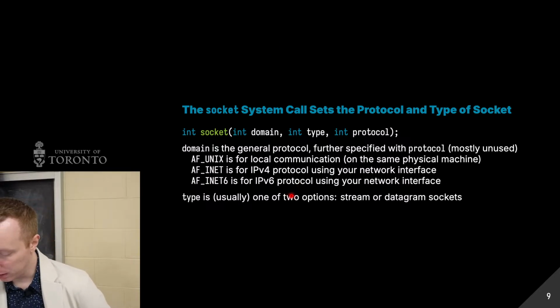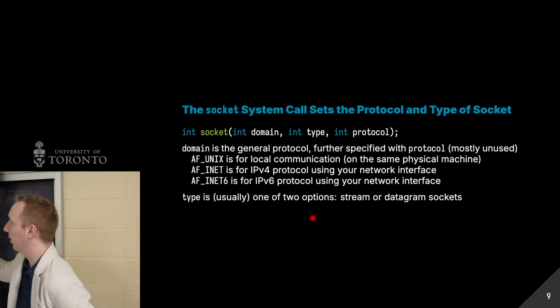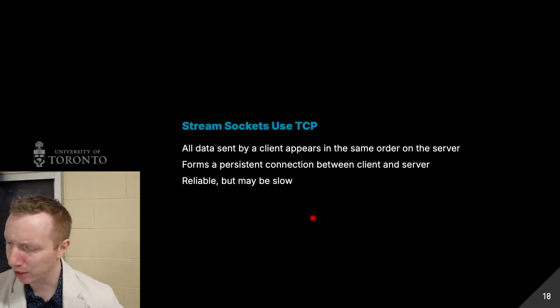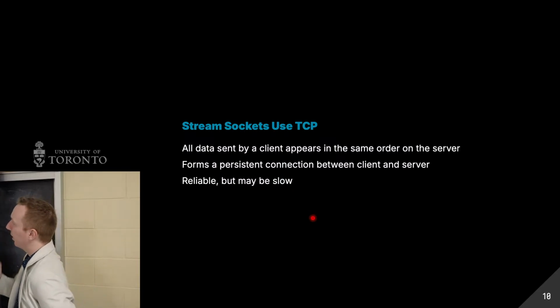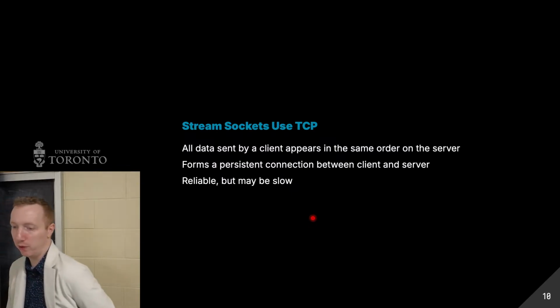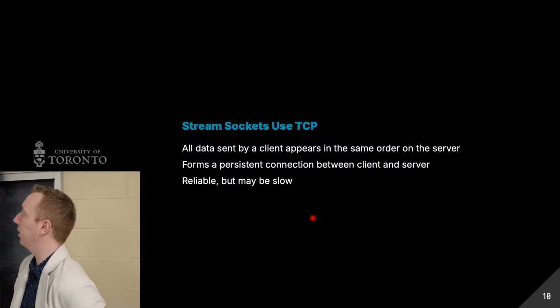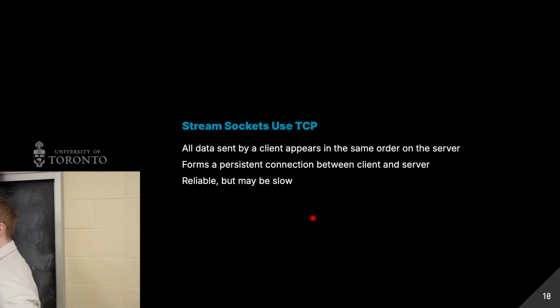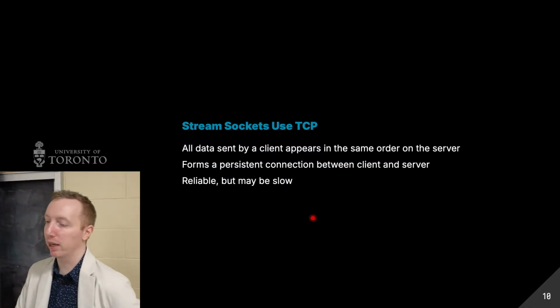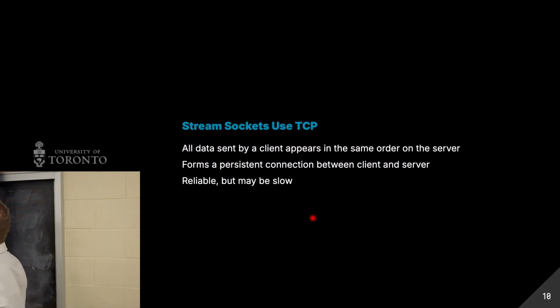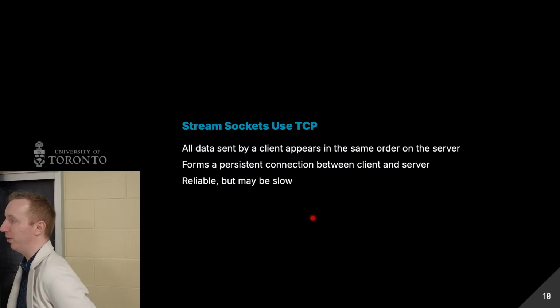And that type is usually one of two options, stream or datagram sockets, which you might know from more common names. So stream sockets use something called TCP. Again, I won't go into it too much, but that's for your networking course to do. But what TCP is, it enforces some other rules so that all data behaves as you would kind of expect, that all data sent by the client appears in the same order on the server, which in general is not true once you deal with networking.